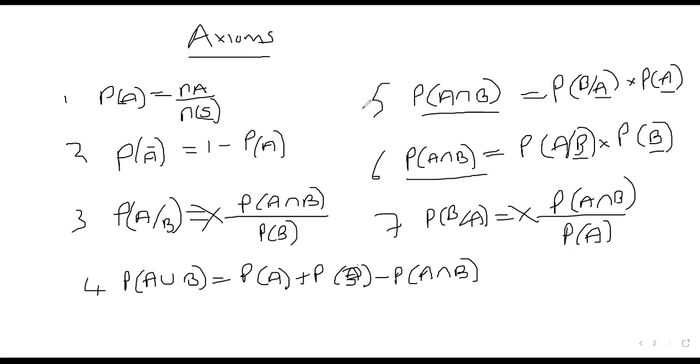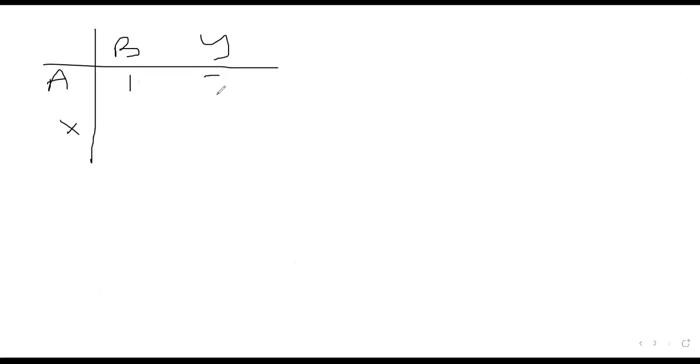So let's now look at some examples and apply them. If you have the probability, you have A, B, X, and Y. We have 1, 7, 3, 9.